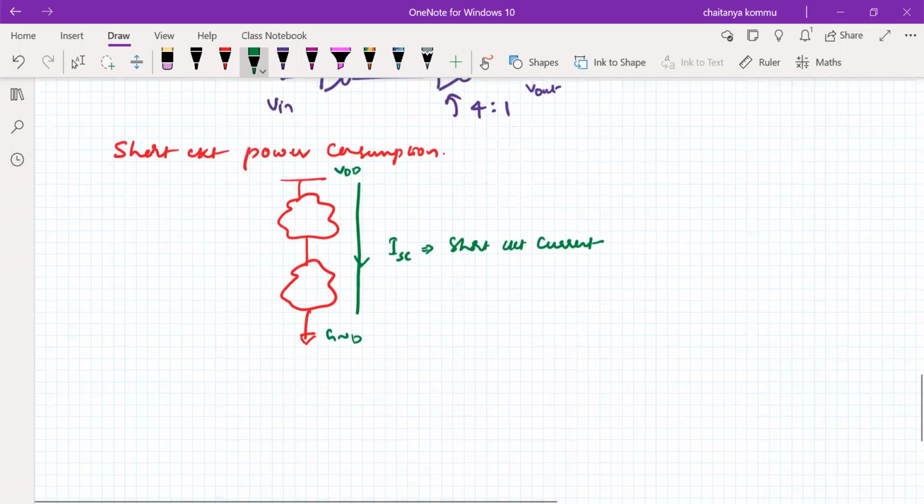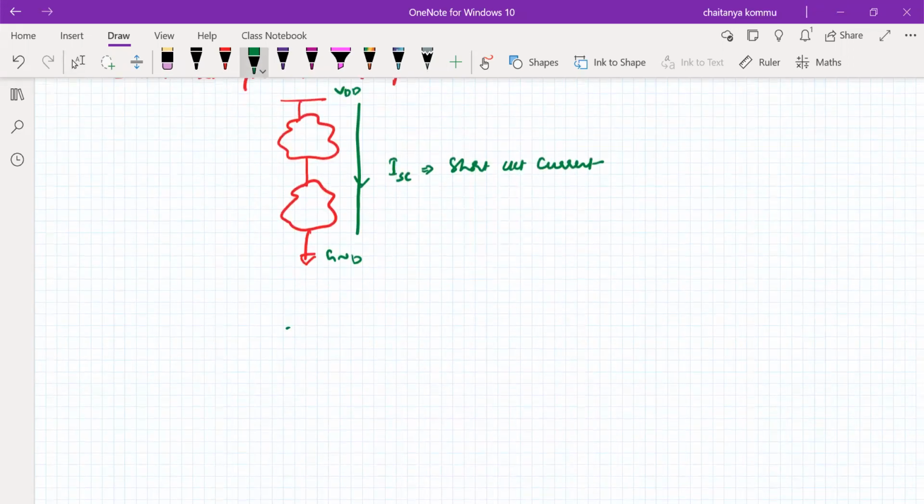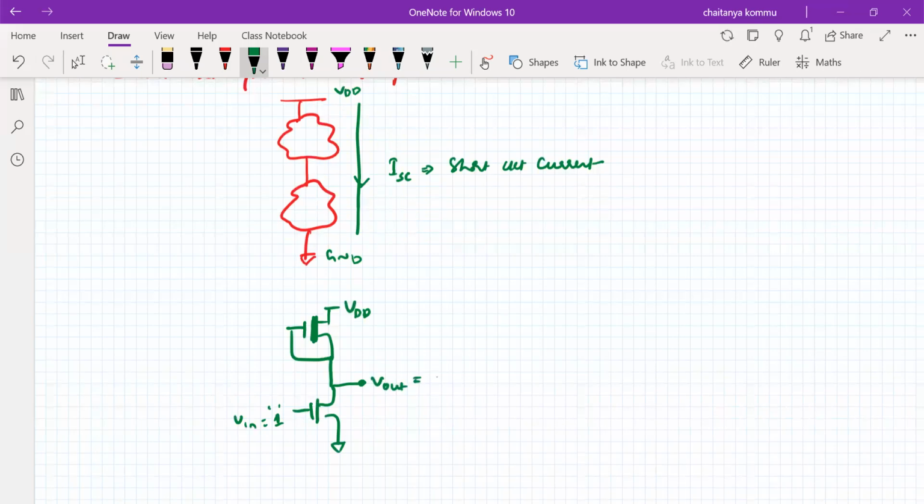Let us explain this with this diagram. For example, we have seen a depletion mode transistor and an enhancement mode transistor, right? When Vin is equal to 1, logic 1, what could be the Vout value? Everybody knows that we expect 0, but we don't get 0; some non-zero value will be there, approximately 0 we can consider.